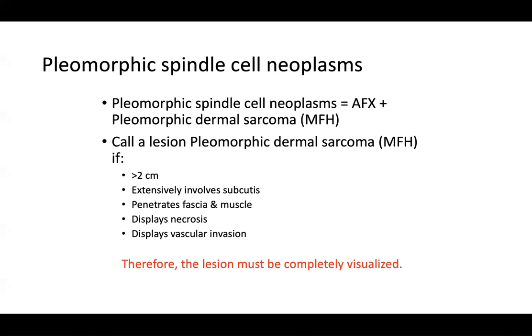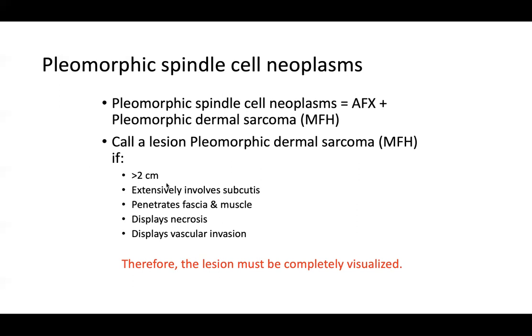So like I said, it really all comes down to behavior of the lesion, extent of invasion. And until we truly identify markers that separate AFX from pleomorphic dermal sarcoma, AFX versus something that behaves even worse than an AFX, until we discover those biomarkers and those factors, we have to rely on how it's behaving currently at the excision time.